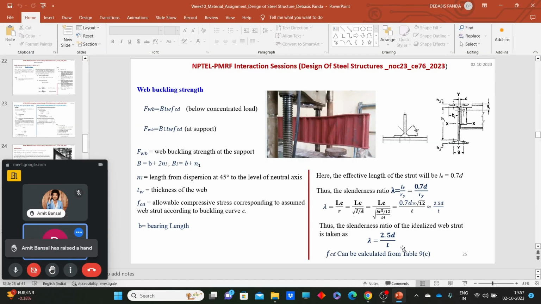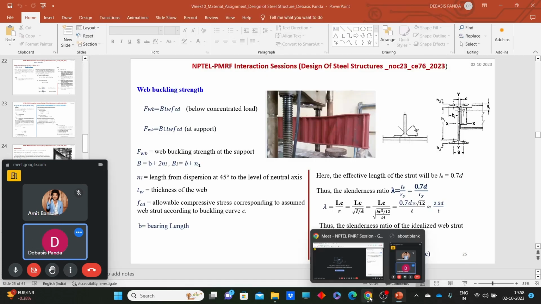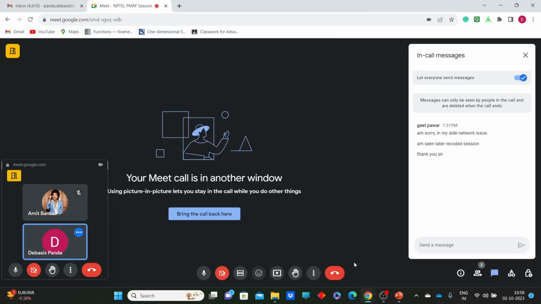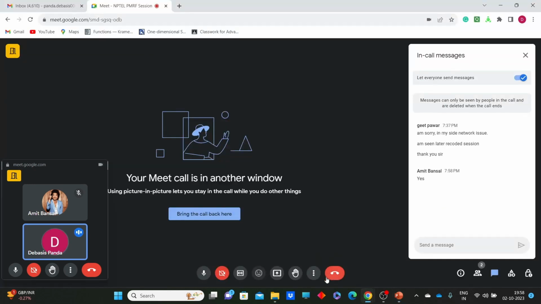Okay, visible now. Just write in the chat box. One sec.